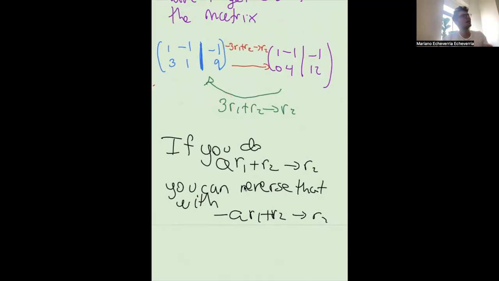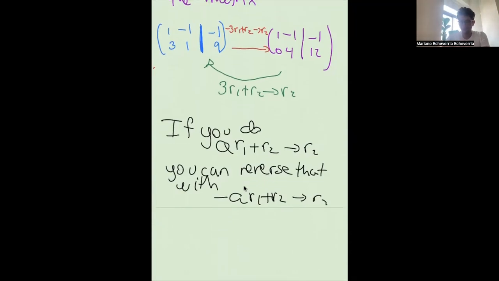The only point for bringing this up is that every operation that we're doing on the system of equations can be undone, and that is what guarantees that we're not messing things up, in the sense of losing solutions. If you can always take back your steps, then that's not affecting the solutions to the system of equations.